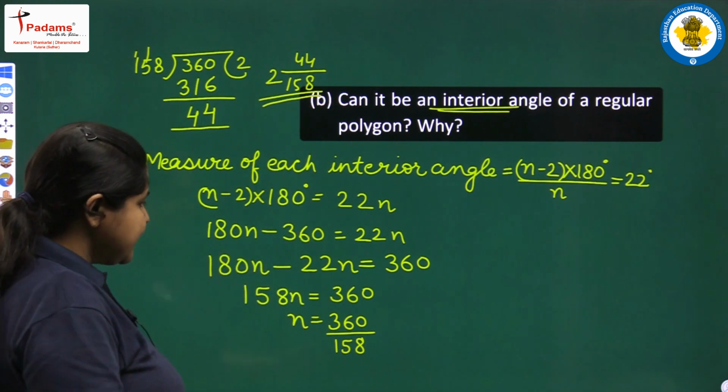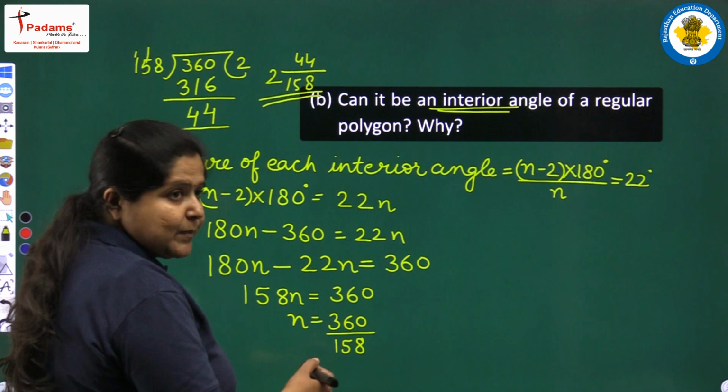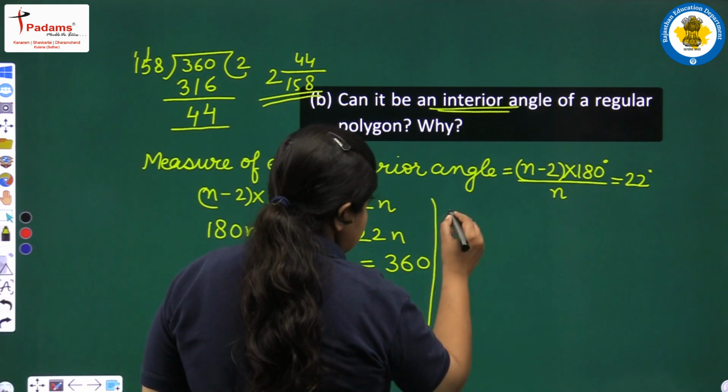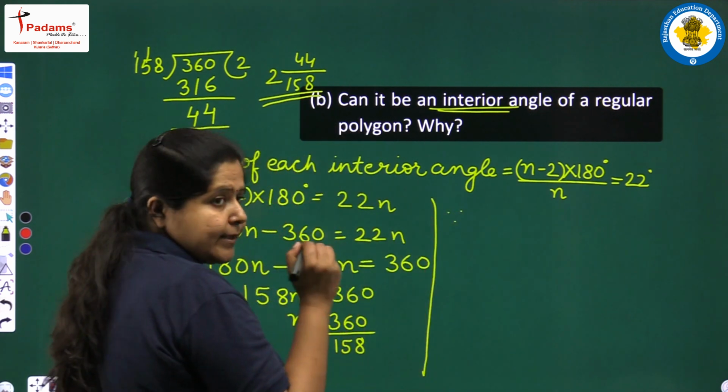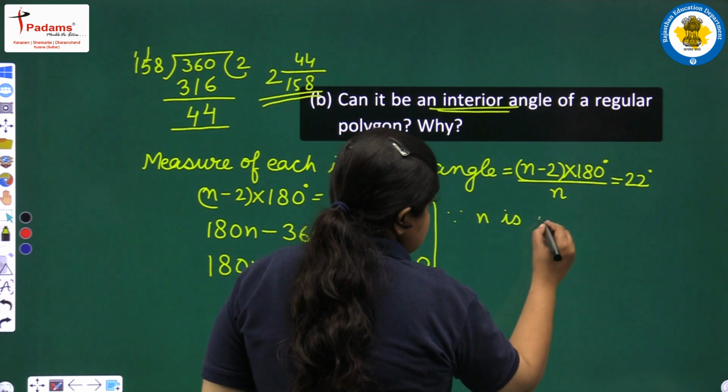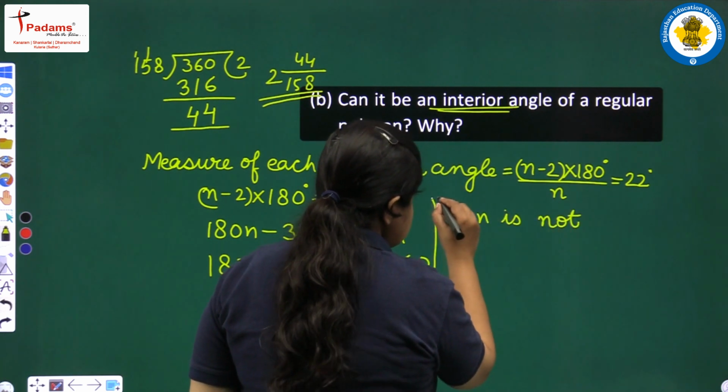So we can say that 360 degrees is not a perfect multiple of 158. We write the answer as since. This is the symbol for since. Since n is not a whole number, we write it here.